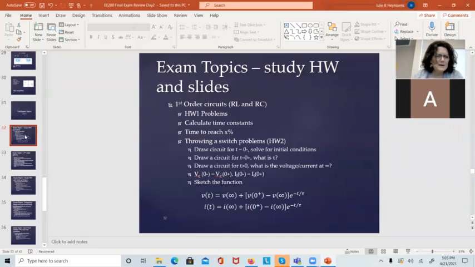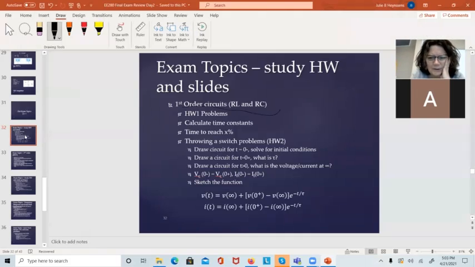Okay. So let's go first order circuits. Probably a first order problem on here. First order problem, just basic circuit problems. Don't worry about the rest of these. The big thing we're worried about here are these throwing a switch problems.